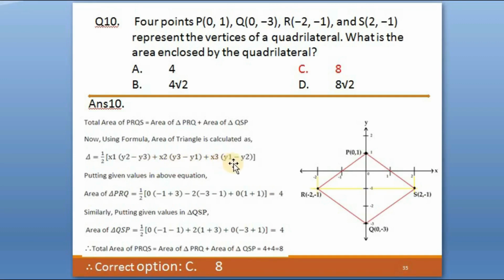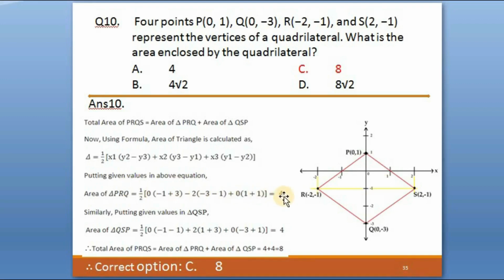Using this formula, for the coordinates given, P is (0, 1), the first one representing x and the second representing y. We will put the values according to the first triangle: x1 is 0, y2 is minus 1, and y3 is minus 3. Putting all the values, we calculate the area as 4.